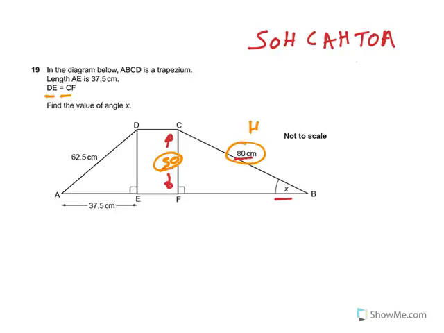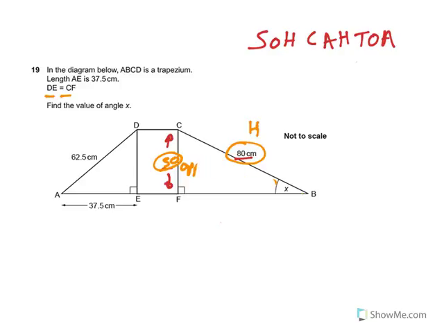This is the hypotenuse because it's the longest side. This is the opposite side because it's opposite the angle x we're looking for. The adjacent side, which we don't have, but I'll explain it here, is adjacent because it runs along the side that has the angle on it, but it isn't the hypotenuse. That would be the adjacent there. So in actual fact, the sides we know are the opposite and the hypotenuse.